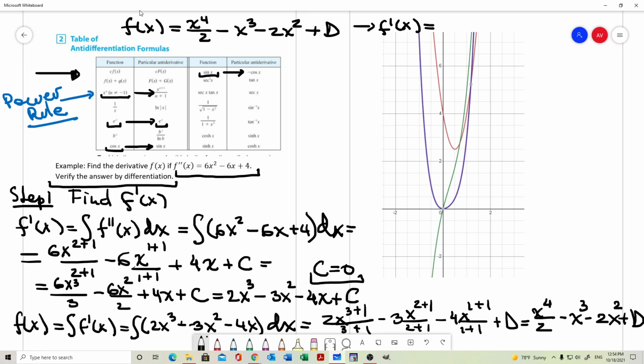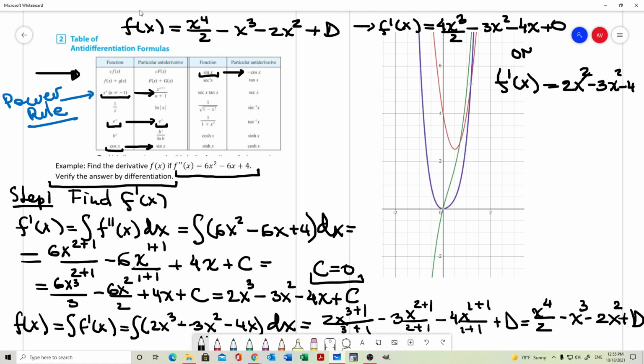f prime of x, will be 4x cubed over 2 minus 3x squared plus 4x plus 0, or f prime of x will be equal to 2x cubed minus 3x squared plus 4x.